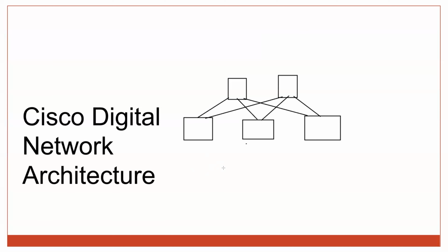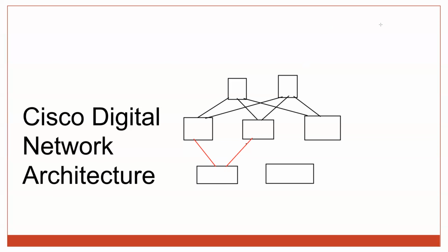Let me draw two portions here. Just for the sake of simplicity, I am drawing only two more boxes, but later on you will understand. So this can connect with, suppose, this red one. The red link is the storage, maybe NetApp or Dell boxes, any type of box.